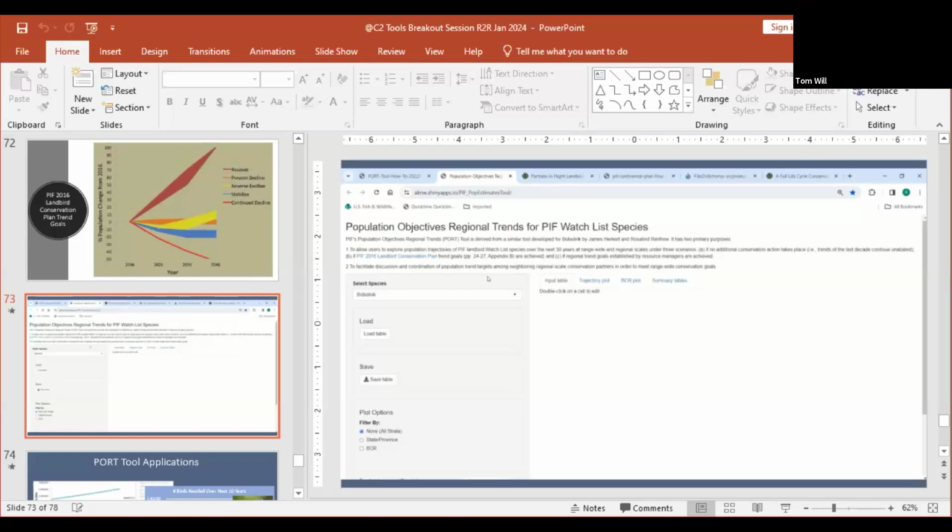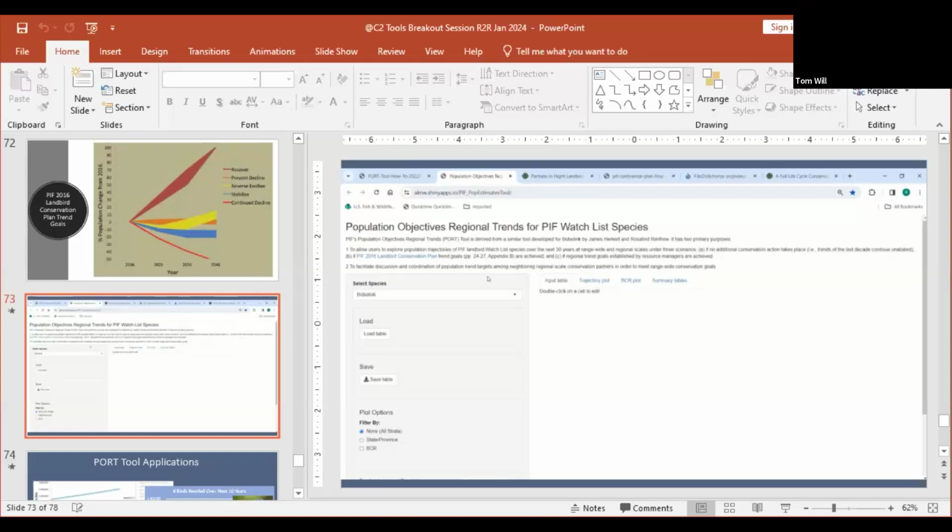If people see value in having something like this for thinking about how to assign objectives in different parts of a species range, based on management units by state or by BCR or whatever, great.